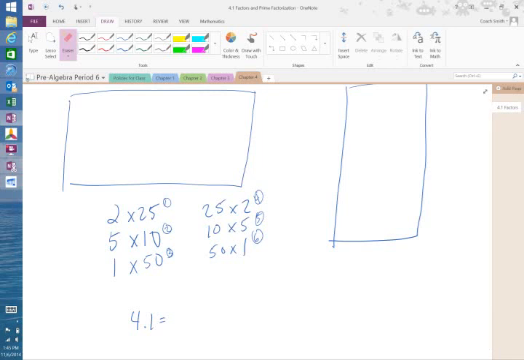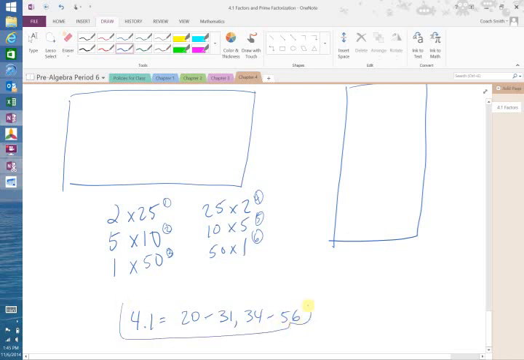All right, we got 20 through 31, and 34 through 56. Okay, 20 through 31, and then 34 through 56. All right, that is due tomorrow.